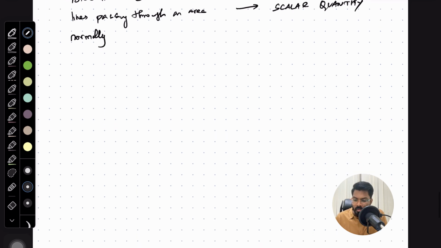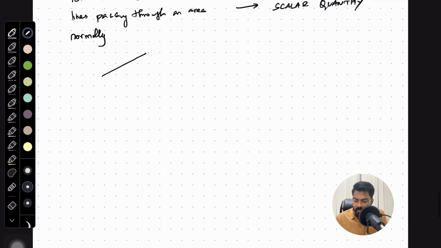Now let's look at a planar area like this. The area of this is given by, let's say, delta S. So this is a planar surface area. Now there is an electric field acting on this like this, so it is placed in an electric field.